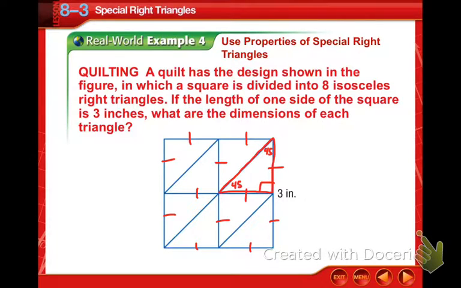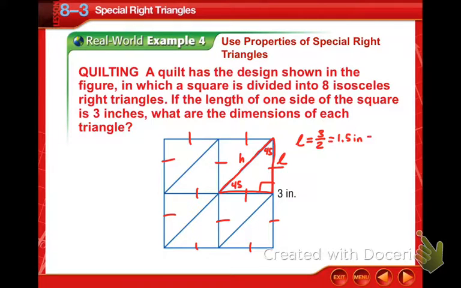right? So, to get our L, let's label these. We are looking for our H, we're looking for L. L is equal to 3 over 2, and 3 divided by 2 is 1.5 inches.